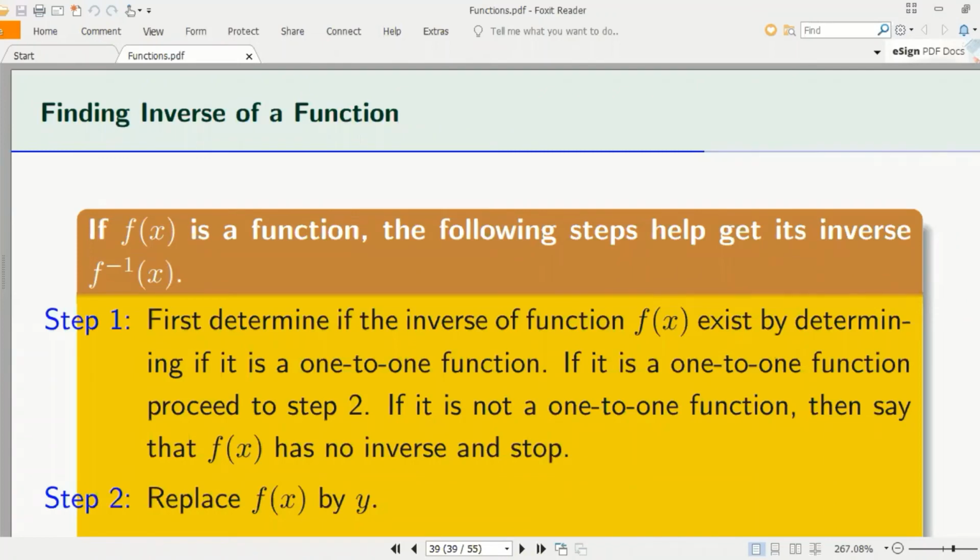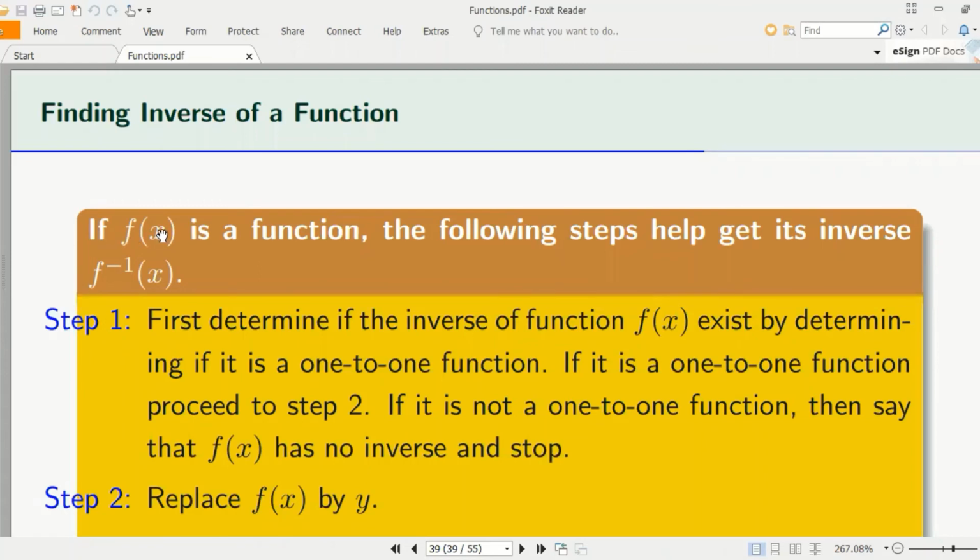Now we go back to the inverse of a function. Remember we looked at one-to-one or injective functions. So we began by looking at what an injective function is. We are now ready to go back and determine the inverse of it.